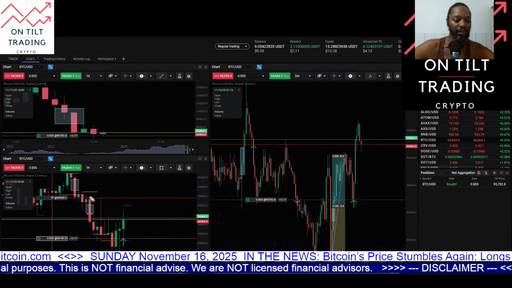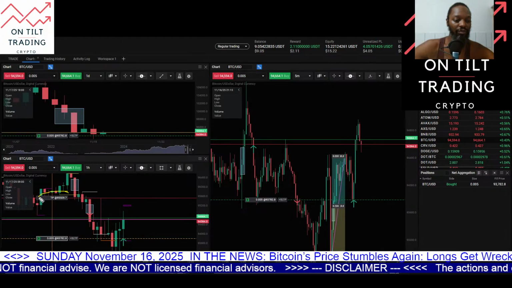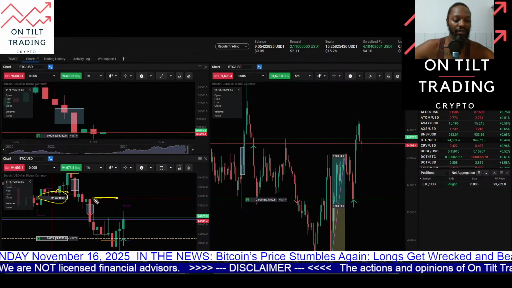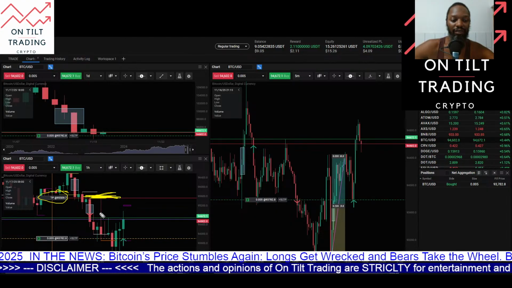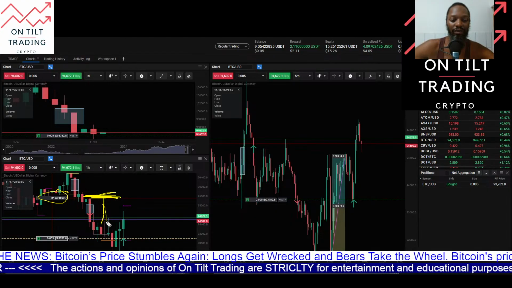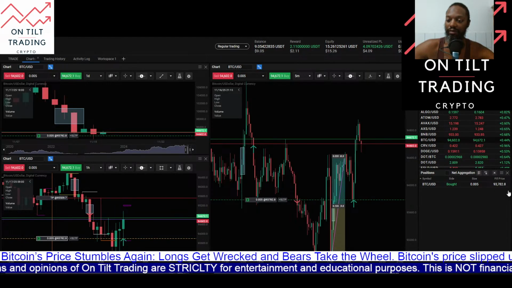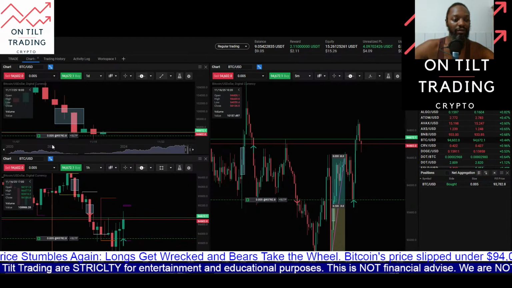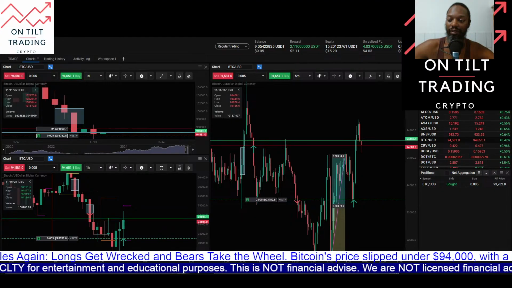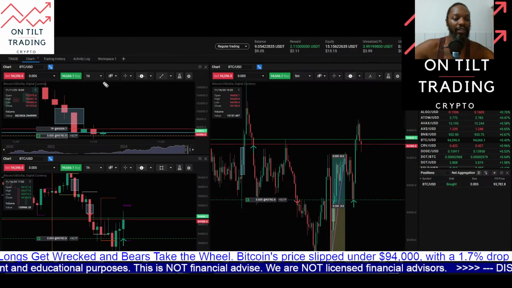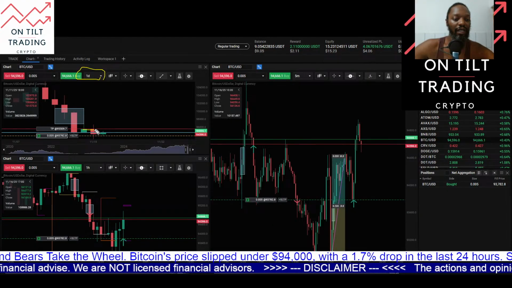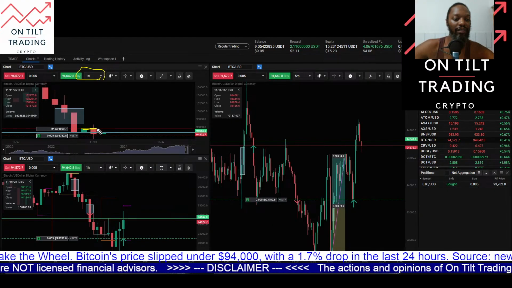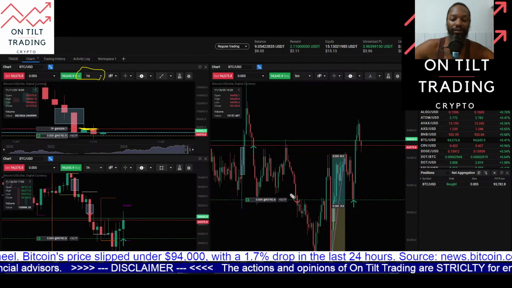And then you can see the take profit right here, which is targeting the buy side liquidity resting above this candle wick right here. And you can see the target here on the daily chart. It is right at the high of the bodies of these two previous candles here.